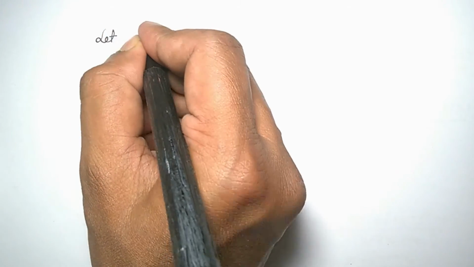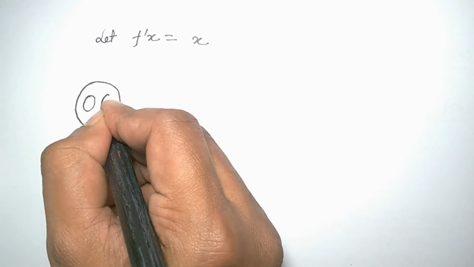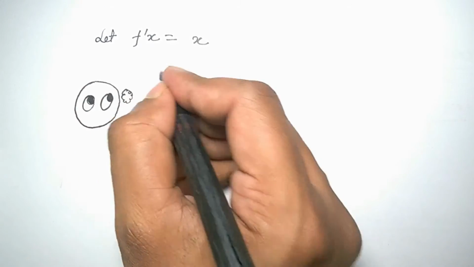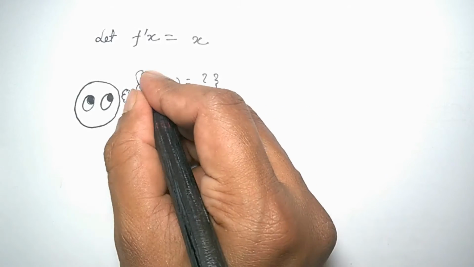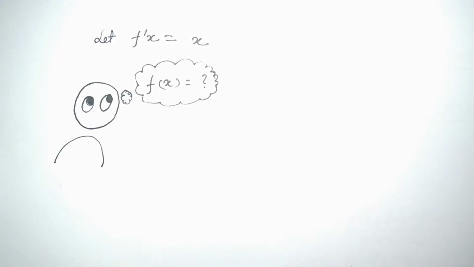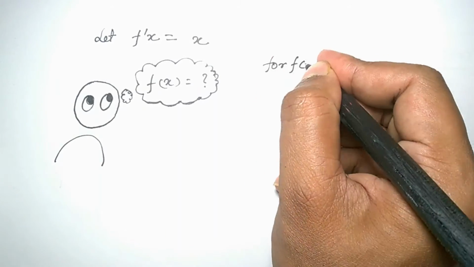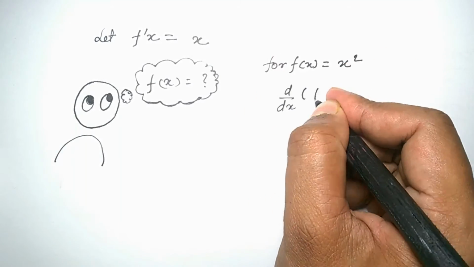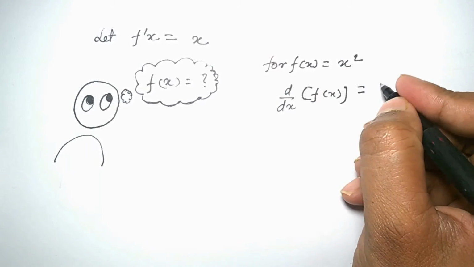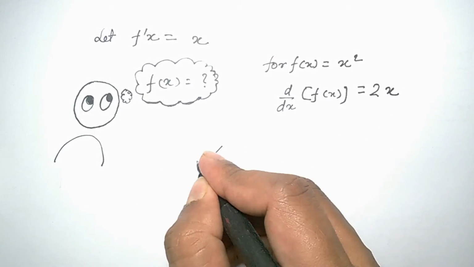Now imagine a function whose differentiation is equal to x. You can again go back to the basics of differentiation, do a little hit and try, and use a little bit of your logic.